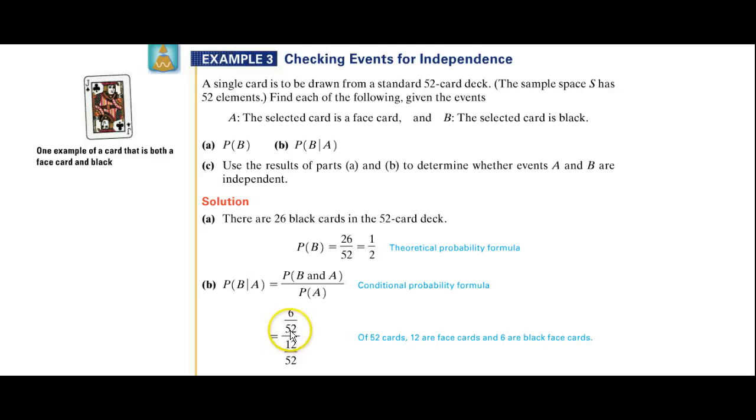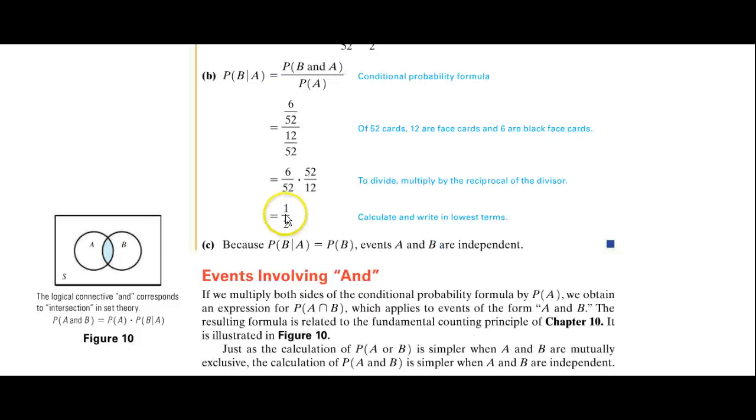So the 52s are going to cancel out. This gives us 6 over 12, which is 1/2, as we see there. Now, because the first part of this was 1/2, and the second part is 1/2, we refer to these events as being independent, because the ratios are the same.